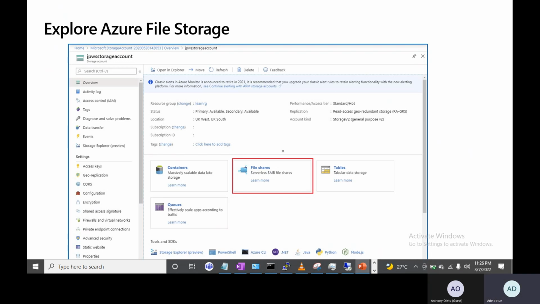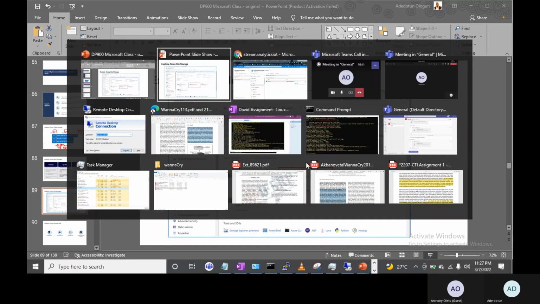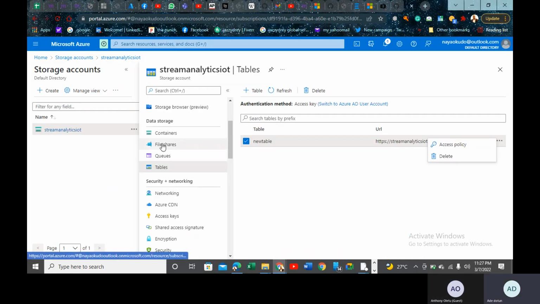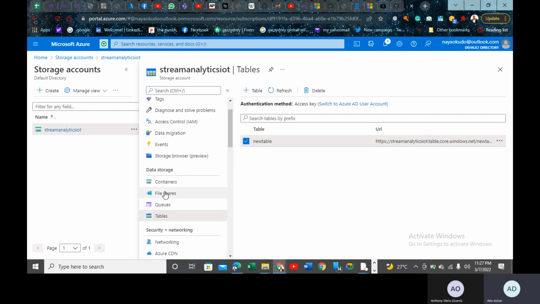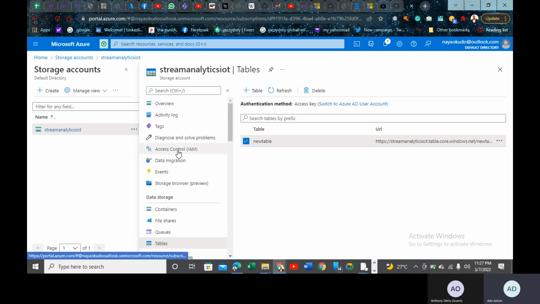There are still some other configurations, but for your level, just know where they are, because those are the things they will ask in your exam. All this is what I just showed you. You will be asked questions around container, file share, key, and table.